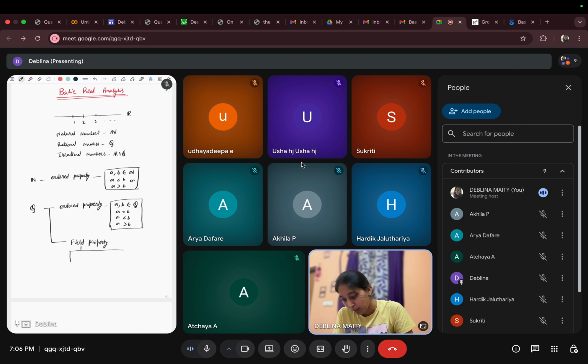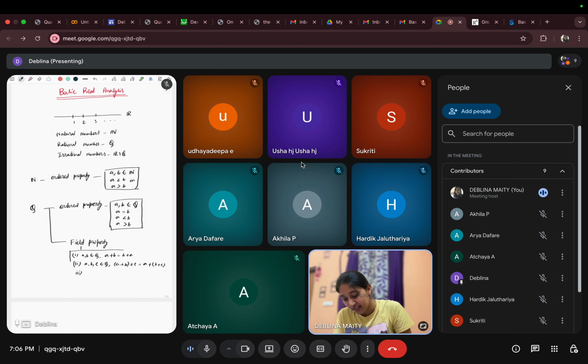The first one is the commutative property. This means if you are given two numbers from Q, then a plus b equals b plus a. So Q is commutative. And the second one is that it is associative. I am just quickly writing this because this is basic.